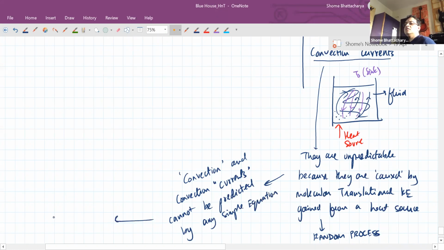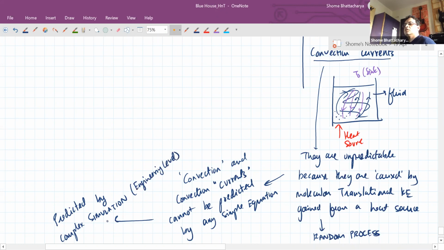Instead, they are predicted by complex simulation, which is not done here. It is done at the engineering level.